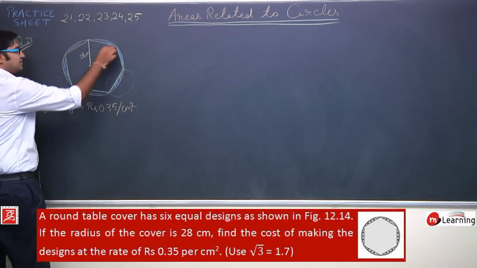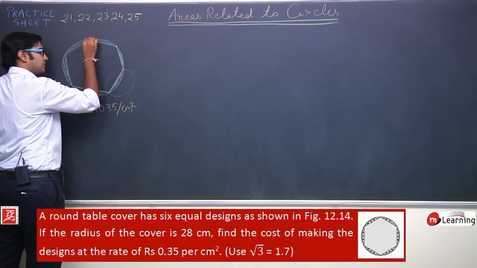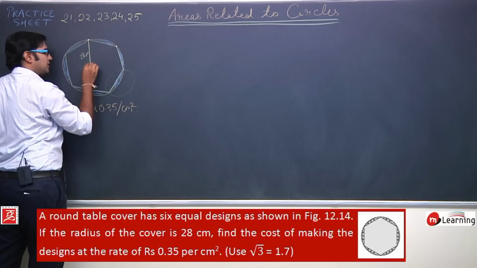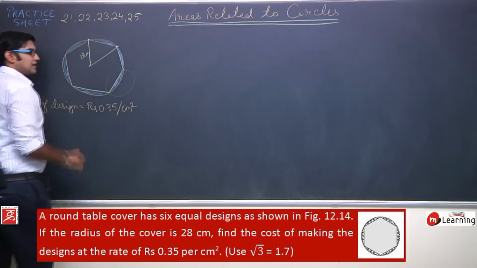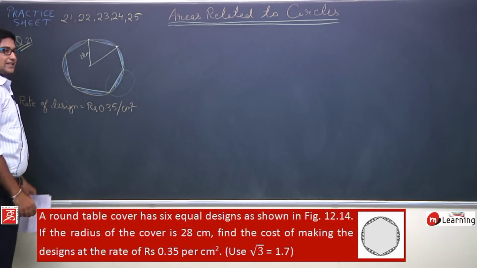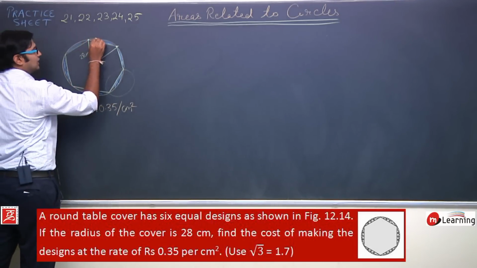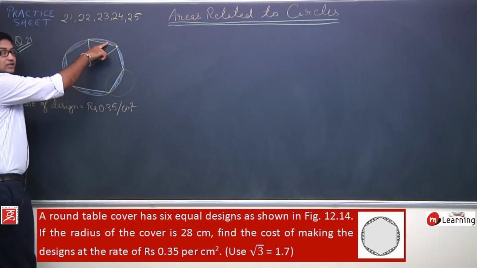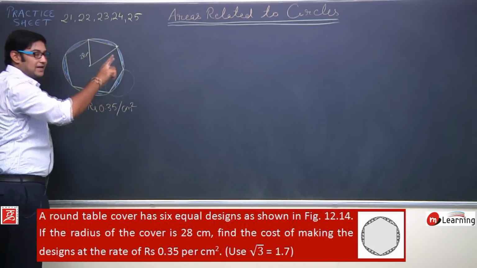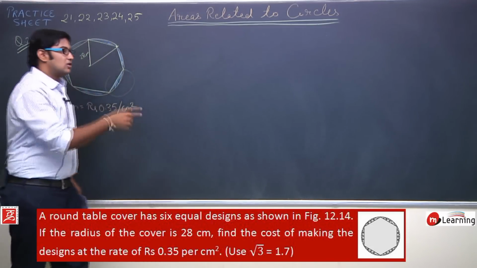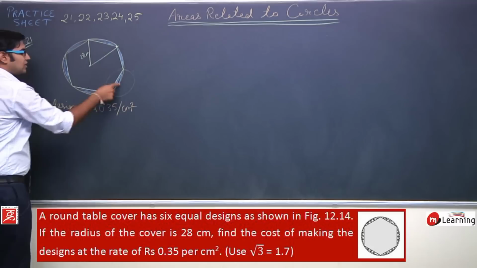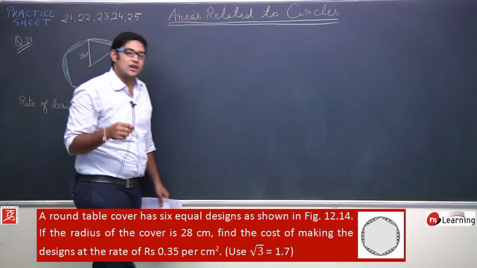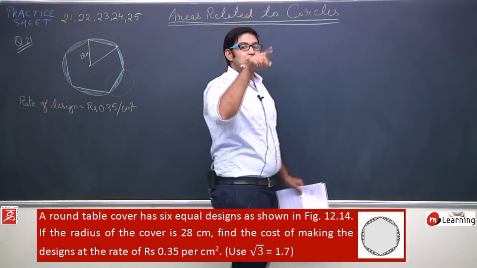अगर मैं कोई से भी 2 corners पे, फॉर एग्जाम्पल ये 2 पॉइंट्स पे इस तरह से रेडाई बनाता हूं, सो व्हाट आई कैन सी इज आई नीड टू कैलकुलेट द एरिया ऑफ दिस सेगमेंट एंड मल्टीप्लाई दिस एरिया बाय 6. व्हाई? बिकॉज all these 6 areas are equal, because the design is equally placed.